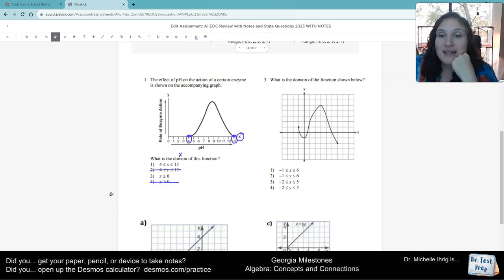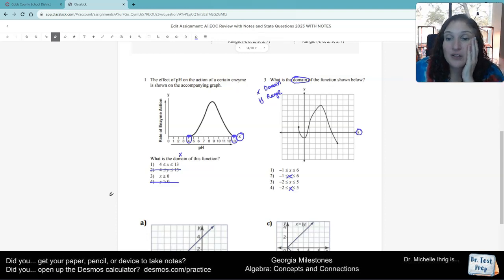Let's jump over to number 3. Okay, first of all, again, it wants to know the word domain. Domain is always the X values. Think about the alphabet. X comes before Y. D in the word domain comes before R in the word range. So I know I'm not going to have number 2 or number 4 because those have Y's in them. So now we have to say, okay, well, what's my lowest X value? Here's my X axis.